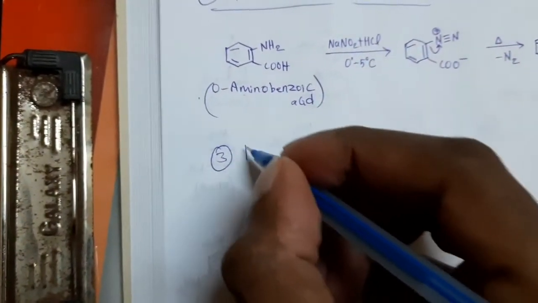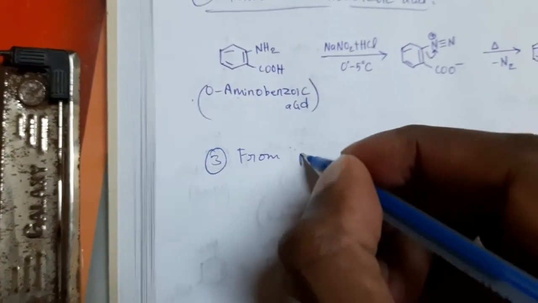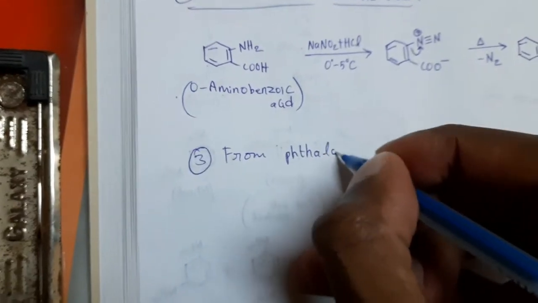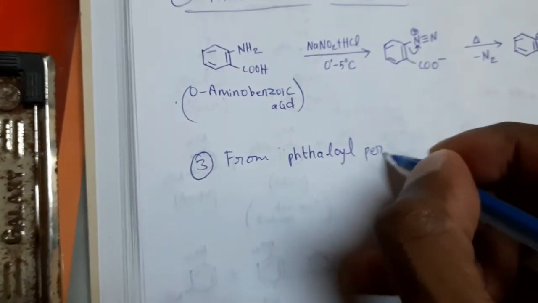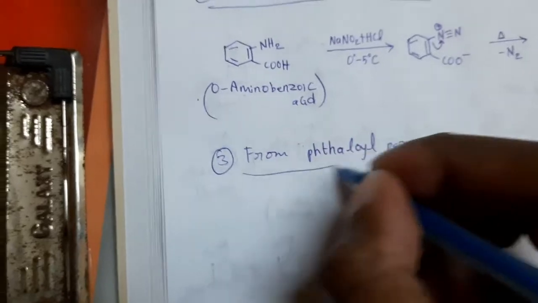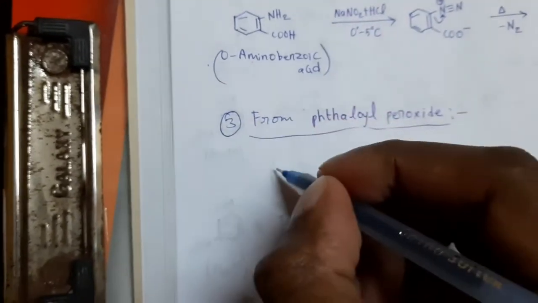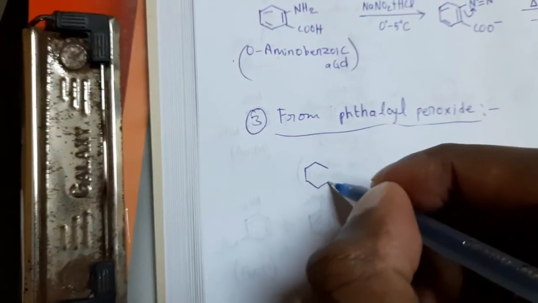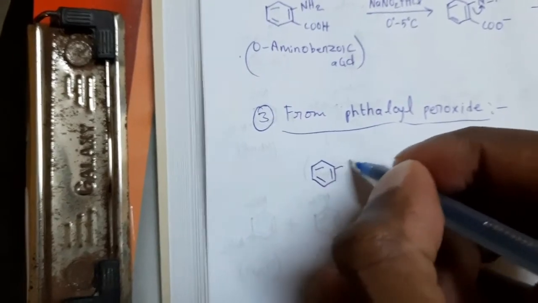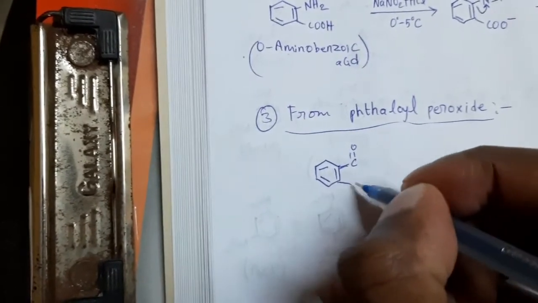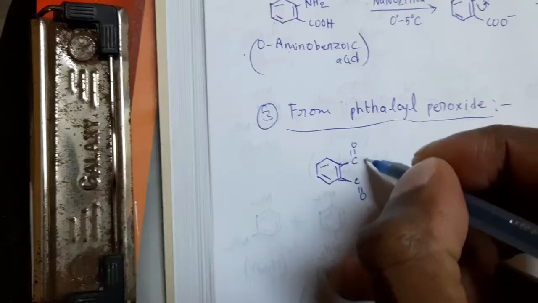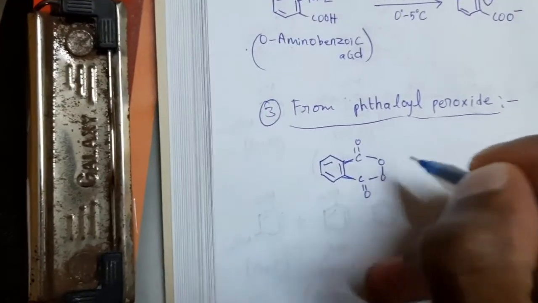Next one is from phthaloyl peroxide. From phthaloyl peroxide we can get benzyne. Phthaloyl peroxide means this is the structure, C double bond O, C double bond O, this one.